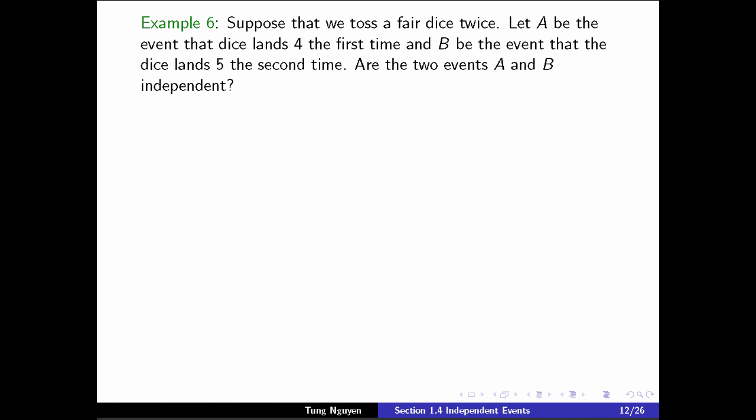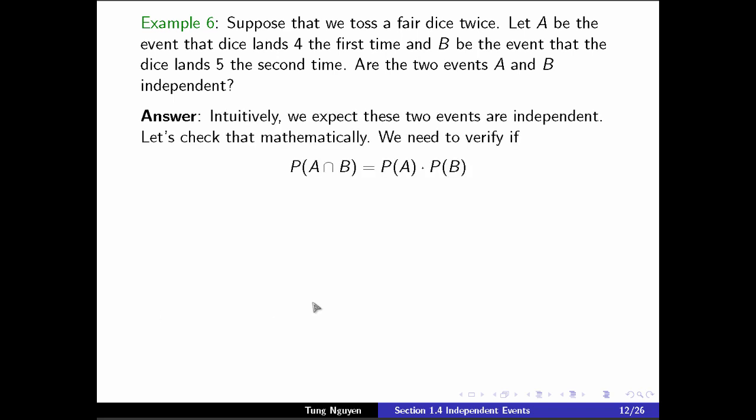Intuitively, we feel that these two events should be independent, because landing a 4 the first time really should not affect landing a 5 the second time. But let's see if our intuition is correct this time. We still need to check that feeling mathematically.